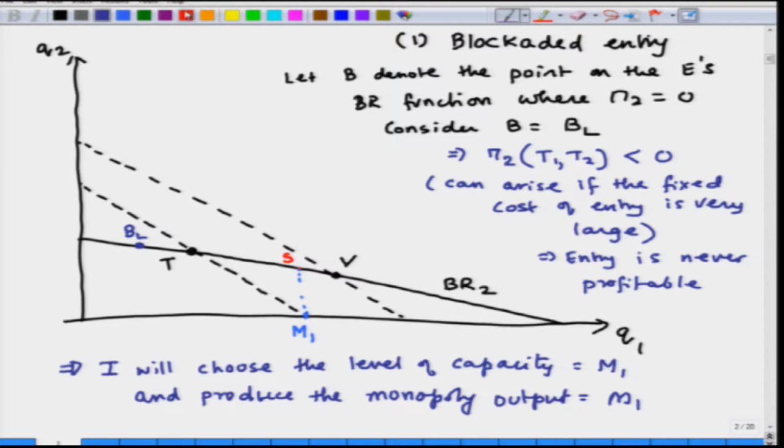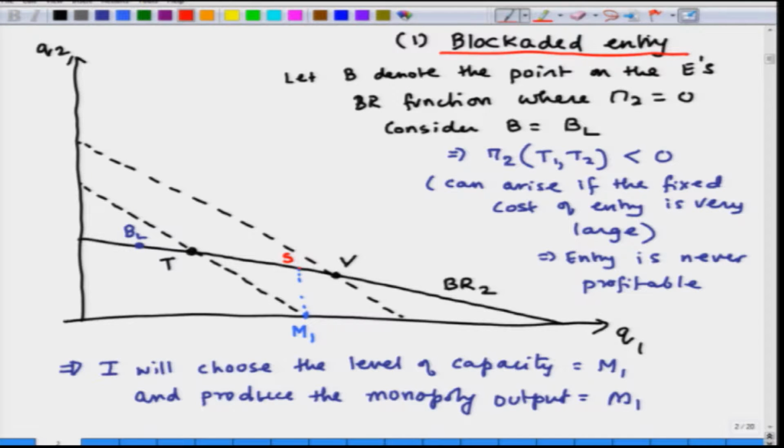So, this corresponds to the case of blockaded entry. The fixed costs are so high that entry is never ever going to be profitable for the entrant. If entry is never profitable for the entrant, it essentially means that the incumbent will set up a capacity so that it produces the monopoly level of output.